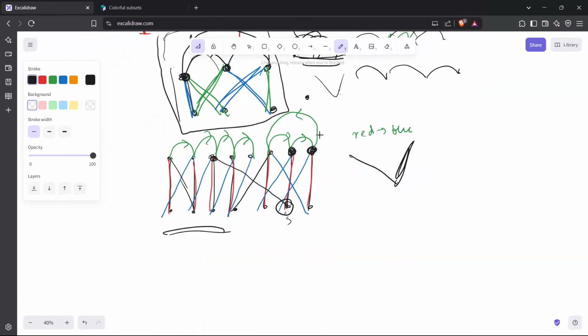Yes, at some point in time, but I'm claiming that this matching is good enough. It's good enough, even not necessarily coloring red to be black and blue to be white or something like that.